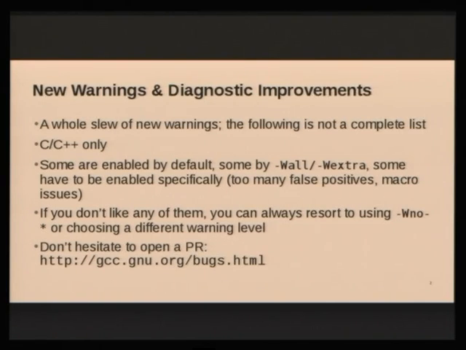Now, I'm sure that not all of you will like those new warnings. Maybe you'll hate some of them. Maybe you even hate those warnings I wrote, which I won't take personally, but it's okay if you don't like it, that's fine. You can either turn the warning off completely by using -Wno-something, or you can also use #pragma GCC diagnostic, and you can disable the warning for just a block of code or a function.